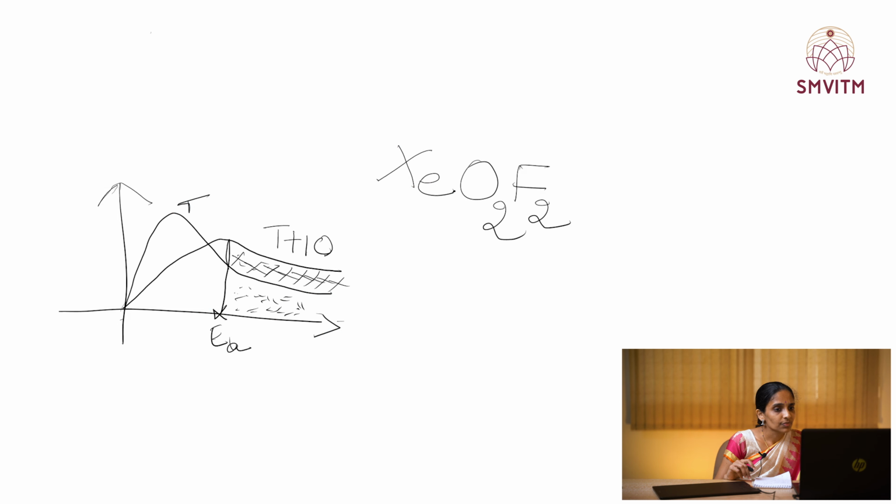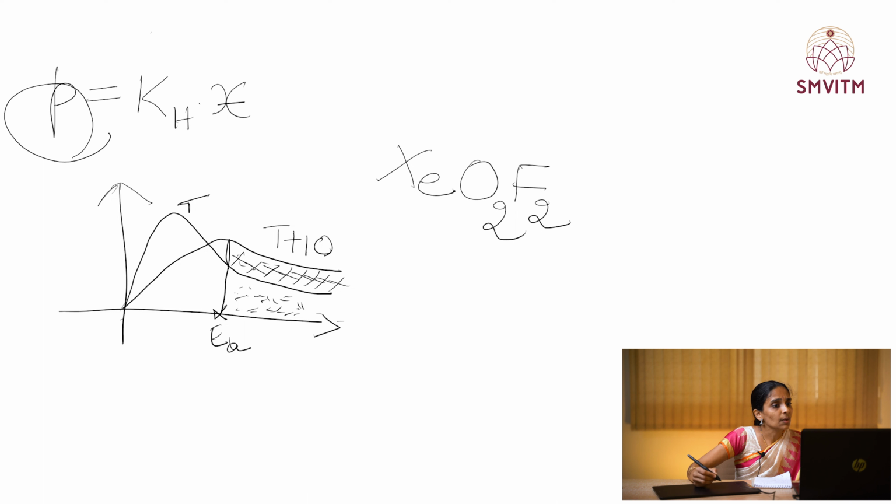Mathematical formula is P is equal to KH into X, where P is the partial vapor pressure of the gas, is it not? KH is the Henry's law constant and X is the mole fraction of the gas in solution. Okay, so it's better you explain the terms also along with the formula.